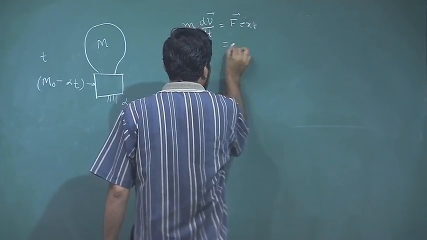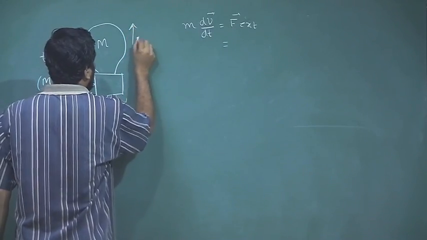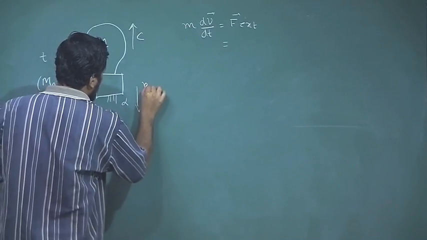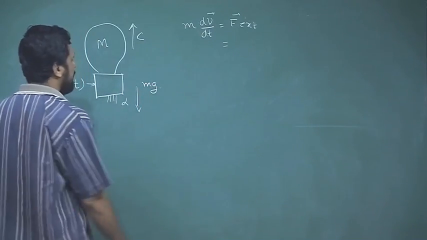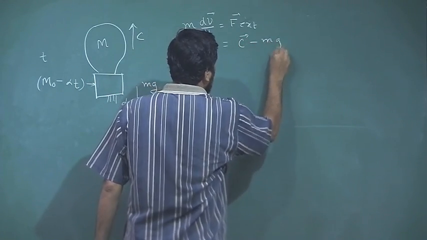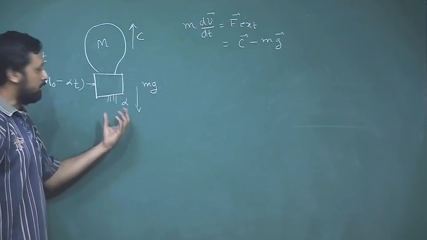Now, this F external in case of the balloon, there is an upward thrust which is given by c in this case, and there is a downward pull which is given by mg.